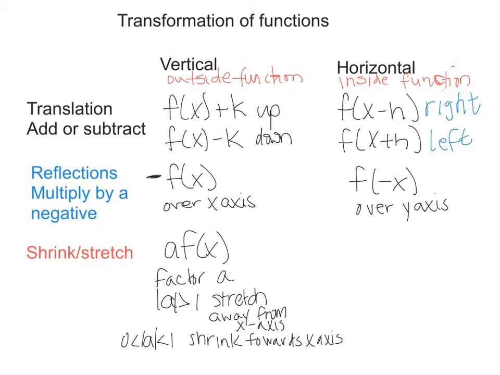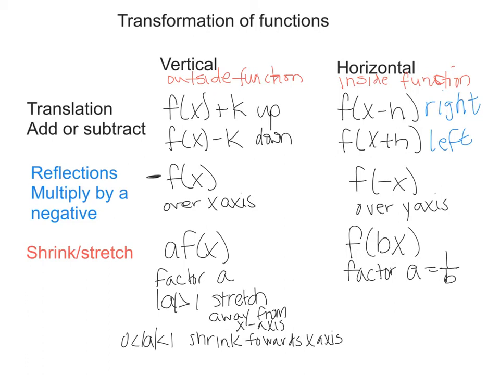So the horizontal happened on the inside, and I'm going to use a different variable here. I'm going to say that's f of bx, because b isn't the stretch or shrink factor. This is the number that goes into my equation. It's the slope of my line, the slope of the absolute value branches. But the factor a is equal to 1 over this number b.